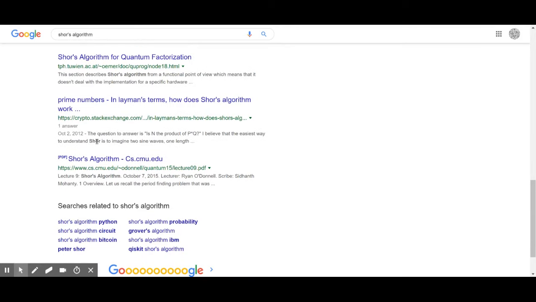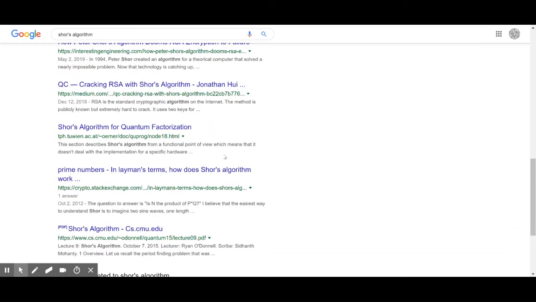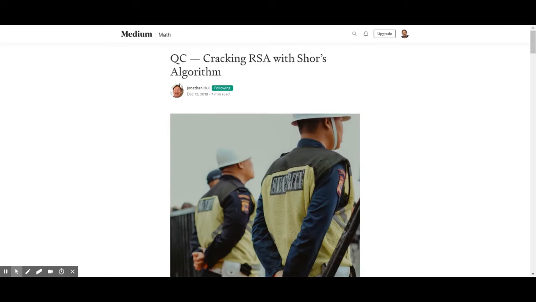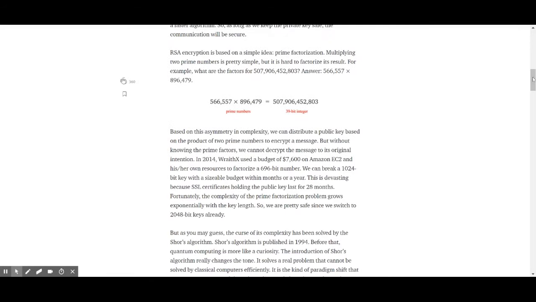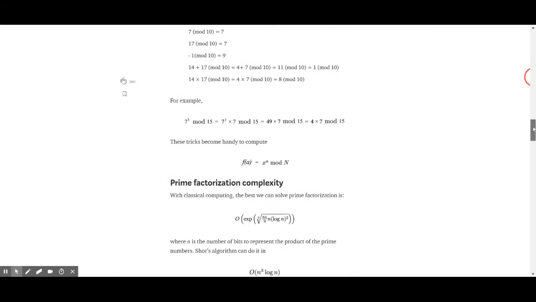All those seem to be rather lecture stuff, which is probably going to be complicated. Maybe let me just check these. I don't know, I'm just clicking randomly. Yeah, Jonathan Hui. I've read some; I think I was scanning some of his articles, and they were pretty good. So maybe I should start here.